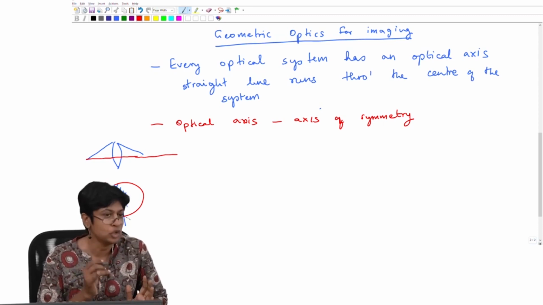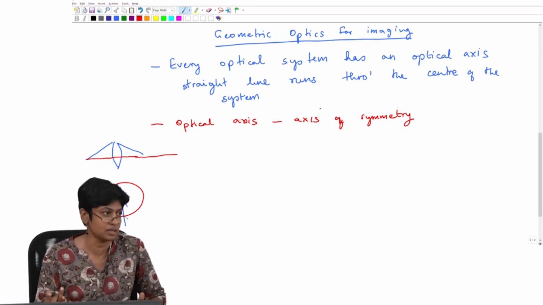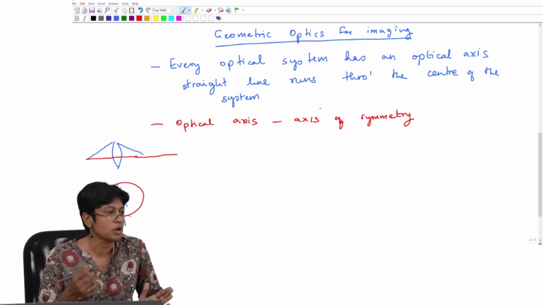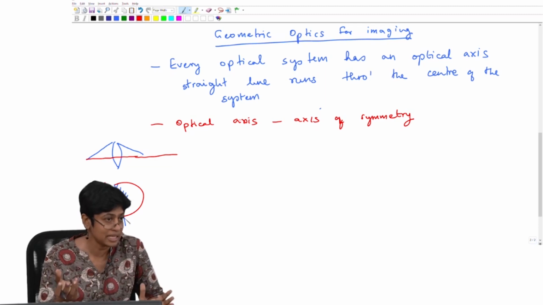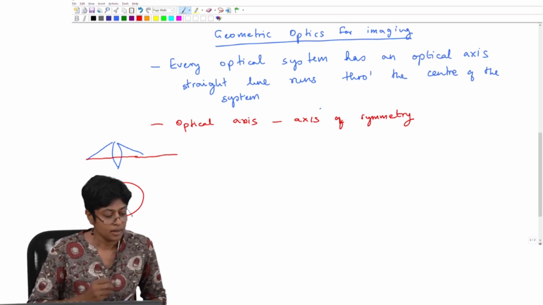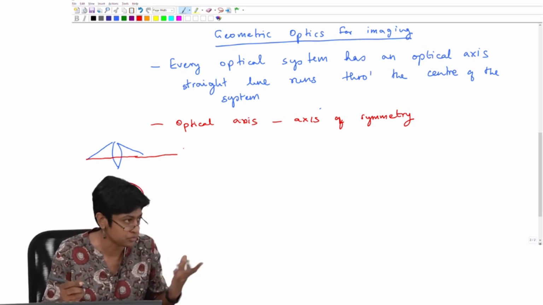I can have non-circular lenses. I can have cylindrical lenses, for example. But a lot of our optics is circular in nature. We take microscopes, cameras, the lenses will be circular in nature, and therefore more often than not the optical axis is also going to be the axis of symmetry. You can even think of it as the axis of rotation, if you will.